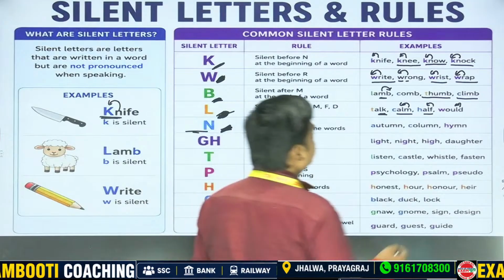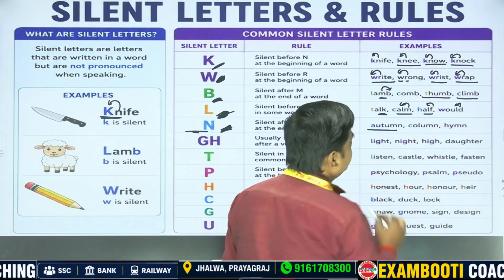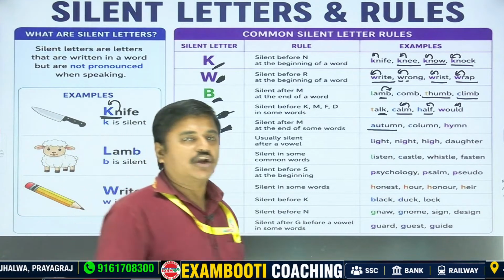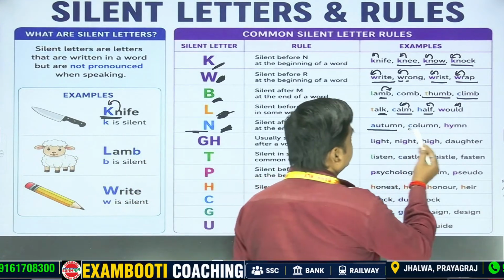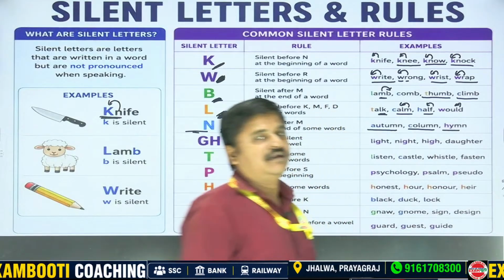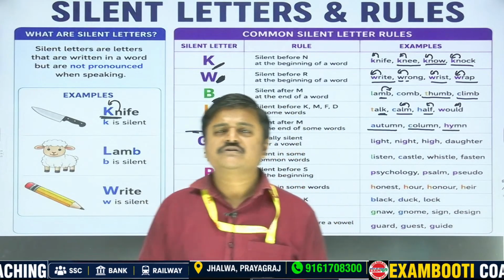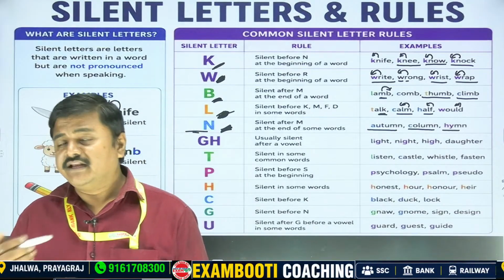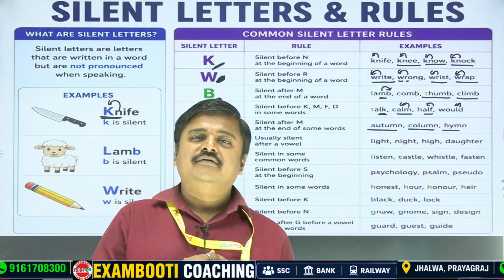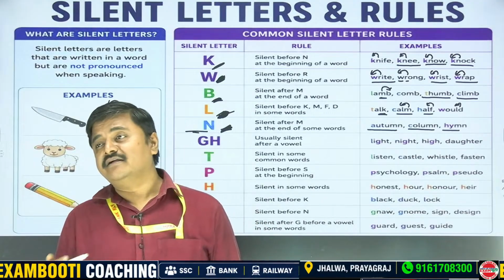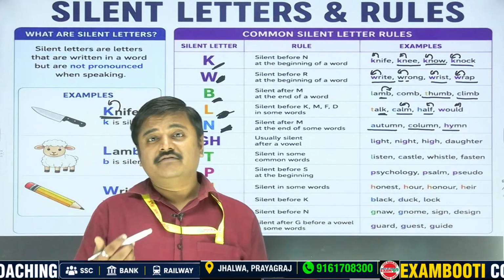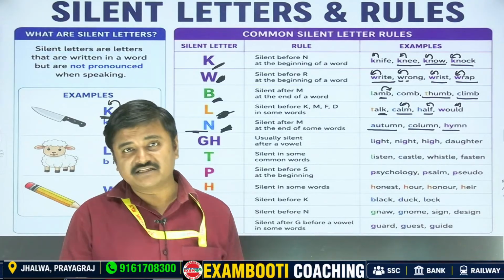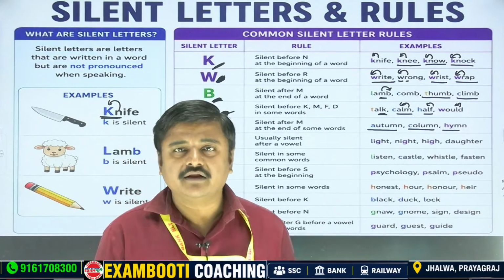Like in the words autumn. This is autumn, not ottoman. This is autumn. This is column. This is hymn, a devotional song. Actually, hymn is a devotional song sung in a church, like in Christmas carol songs. When you celebrate Christmas, you sing a song like a carol.